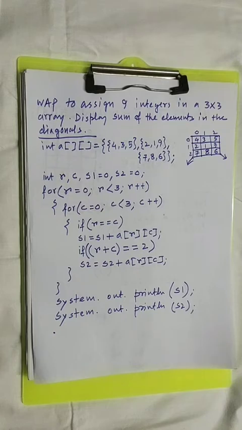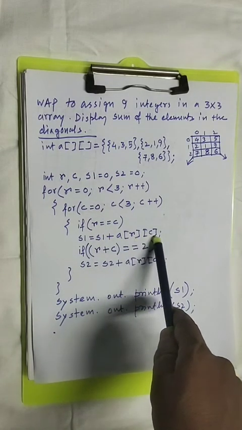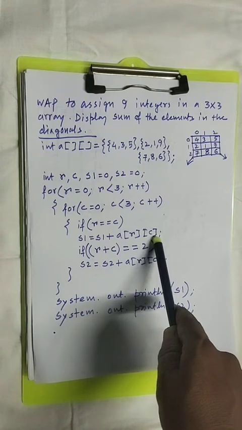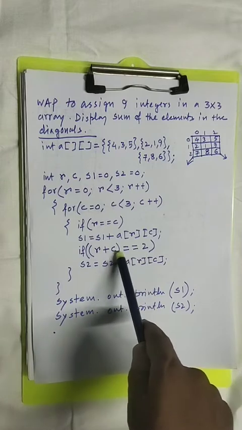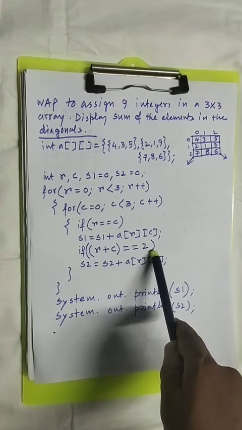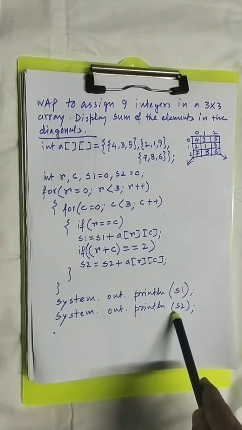S1 for left diagonal sum, S2 for right diagonal sum. Here we have calculated the sum of left diagonal when R equal to C, means left diagonal. Then here we have calculated the right diagonal when R plus C equal to 2 is right diagonal. Then finally we have printed.